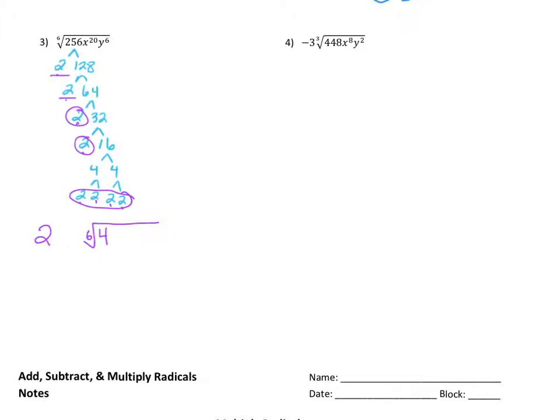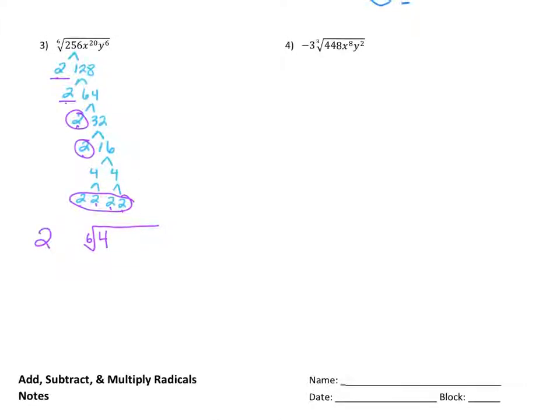Now, I have to do the same idea with my variables. When I look at my variables, I have 20 x's. So if I were to write that out, I would have 1, 2, 3, and so on up to 20.